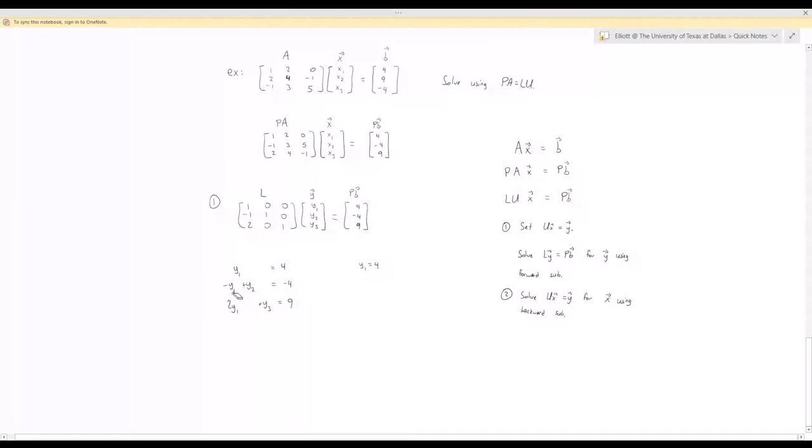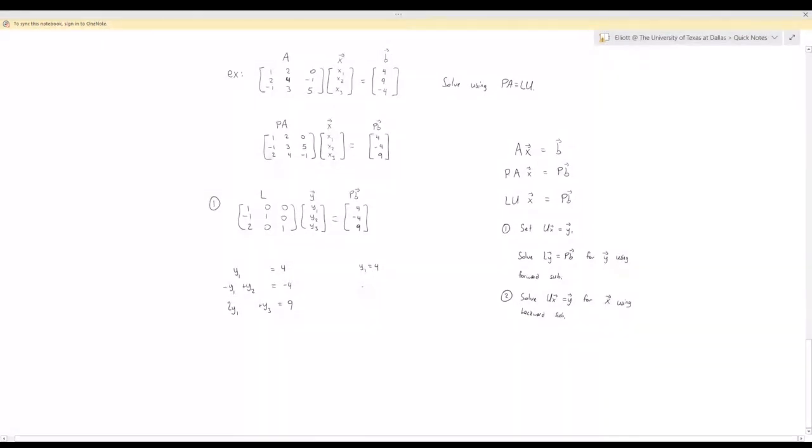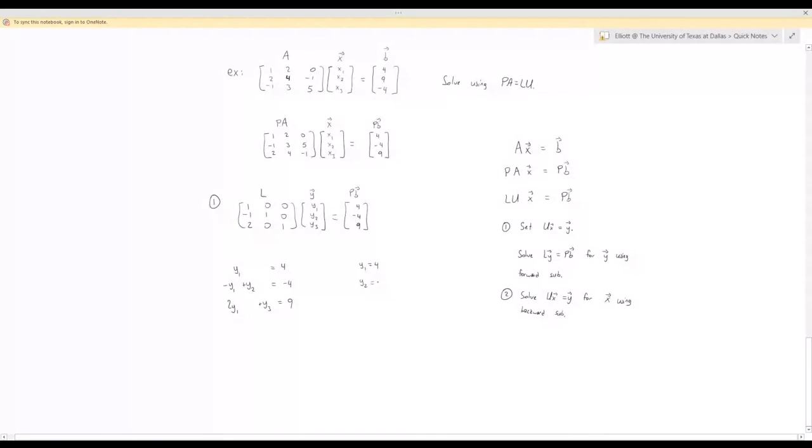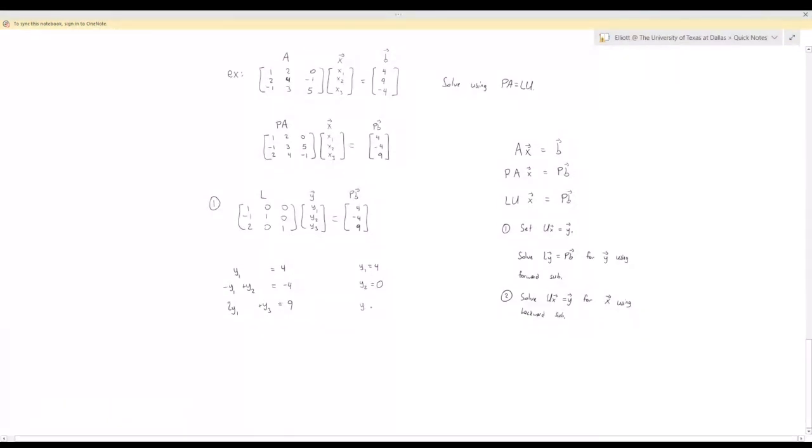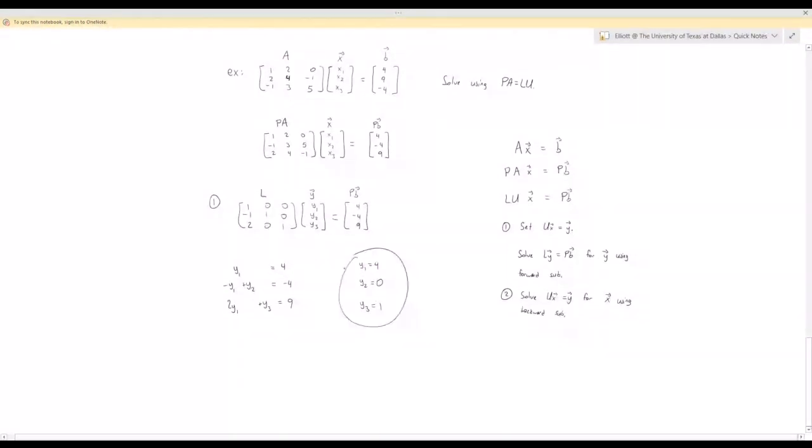Plug in 4 for Y1 to here. You're going to get Y2 is 0. And then plug in 4 for Y1 and 0 for Y2 into the last equation and solve for Y3. Looks like Y3 will be equal to 1. So we just solved for the vector Y.